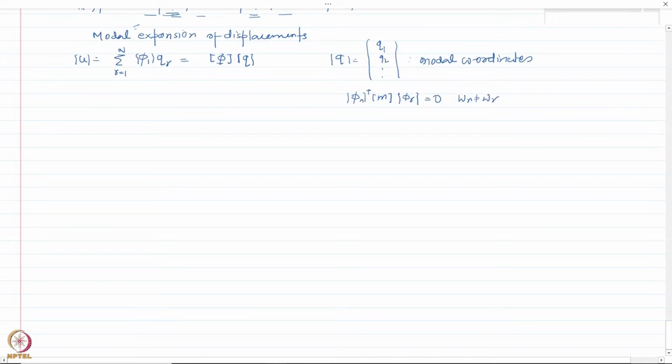So what I'm going to do here is pre-multiply this expression that we have written with phi n transpose times the mass matrix. So we get, on the right hand side inside the summation, phi n transpose times m.